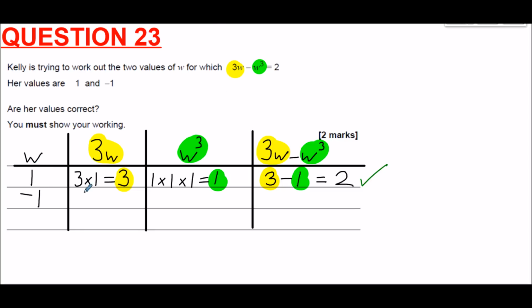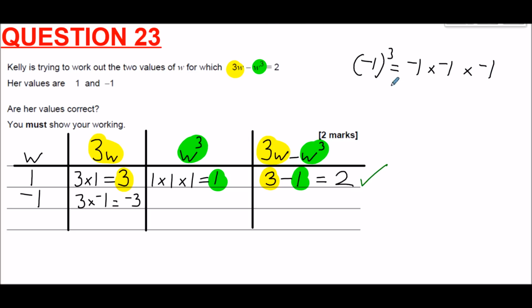But when W is minus 1, it gets a bit trickier. We've already said that 3 times 1 is 3, and so 3 times minus 1 would be minus 3. Now multiplying is even harder. So minus 1 cubed means minus 1 multiplied by minus 1 multiplied by minus 1 again.